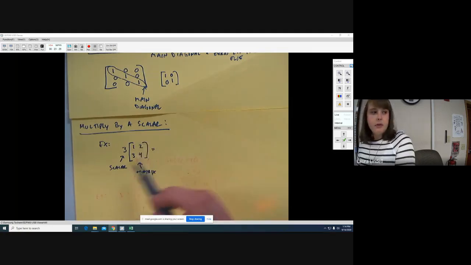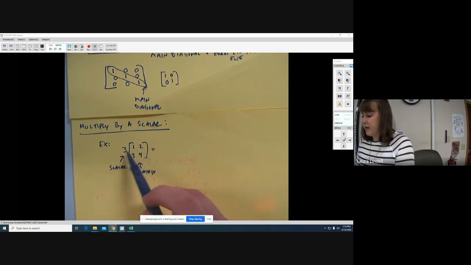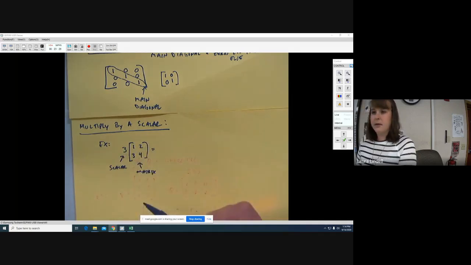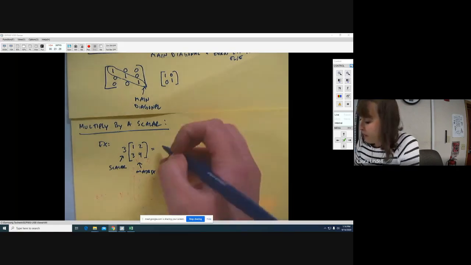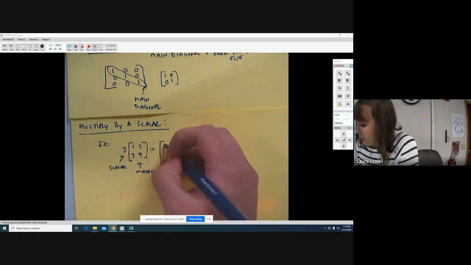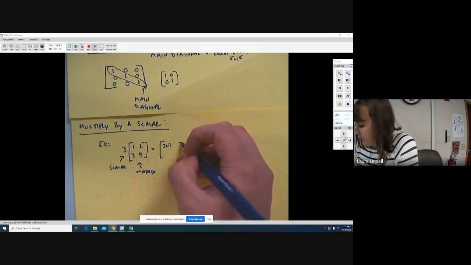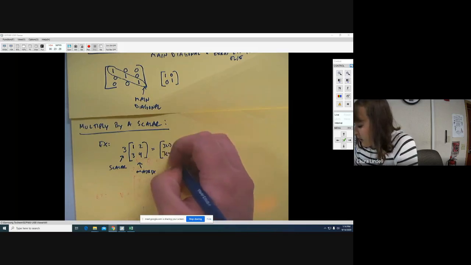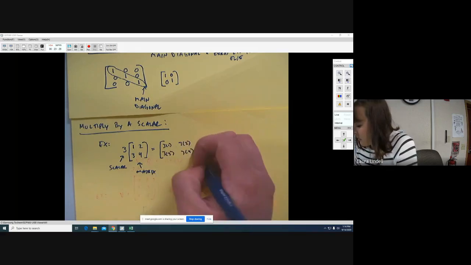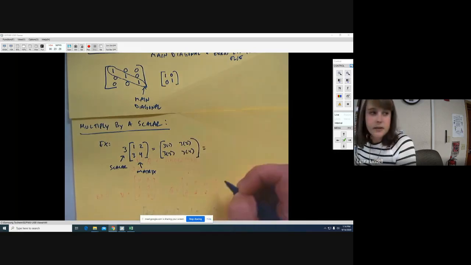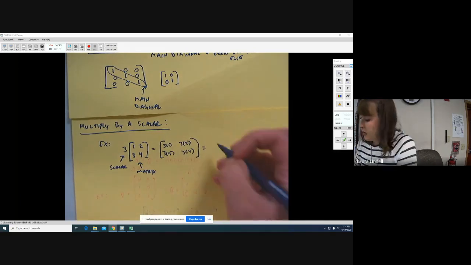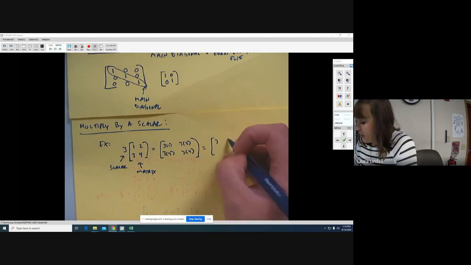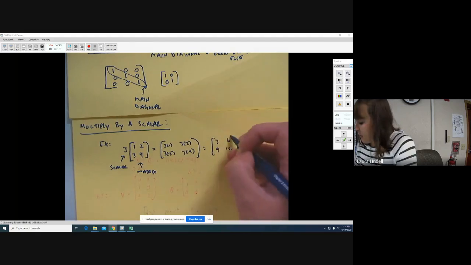What this would end up looking like is giving the 3, multiplying it by every single element in that matrix. So we would just end up with 3 times 1, 3 times 2, 3 times 3, 3 times 4 for our new matrix. So 3, 6, 9, 12.